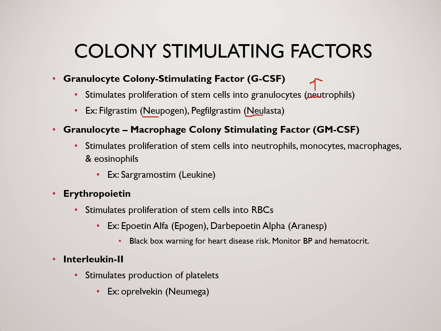The next one is granulocyte macrophage colony stimulating factor. This stimulates proliferation of all the different types of white blood cells, your neutrophils, monocytes, macrophages, and eosinophils. Remember, never let monkeys eat bananas, the different types of white blood cells.